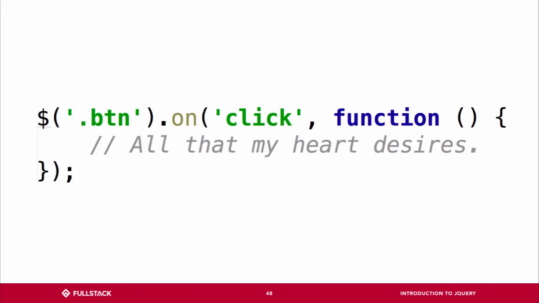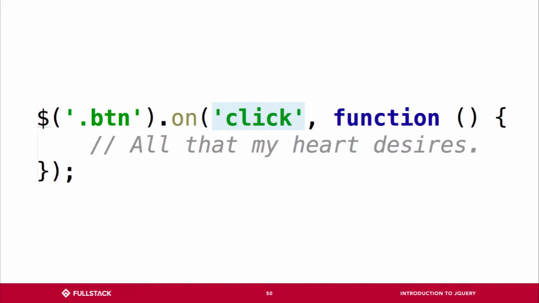So on is a method that you can add to a jQuery collection. The $ sign gives us a jQuery collection, and it's going to iterate over that collection and attach an on click to each element in that collection.